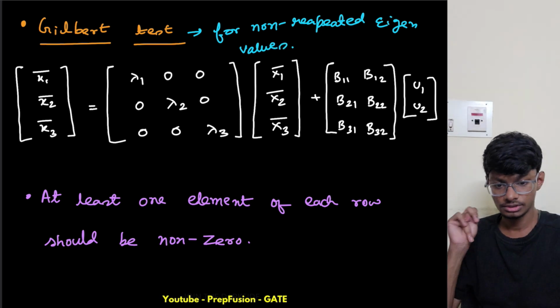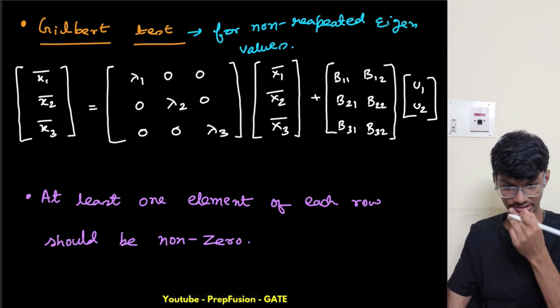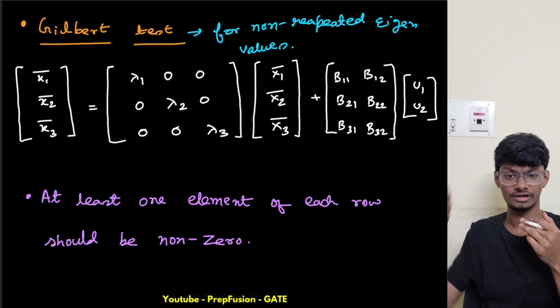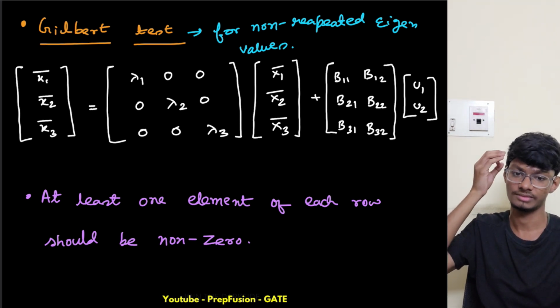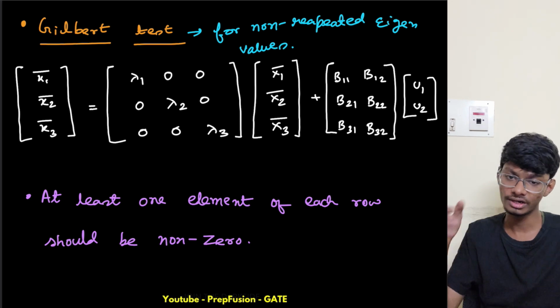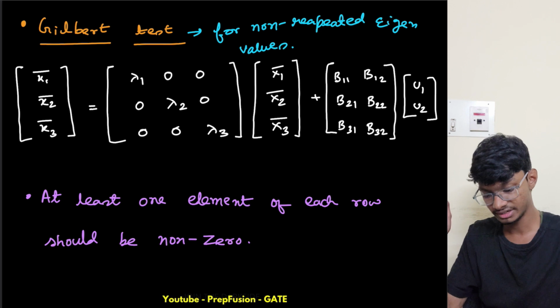Now you might ask how this came about. I've already explained a bit at the start of this lecture. I took a diagonal matrix and told you that one element can't be zero. It is the same thing: even if one element is zero, I won't be able to control that state variable.